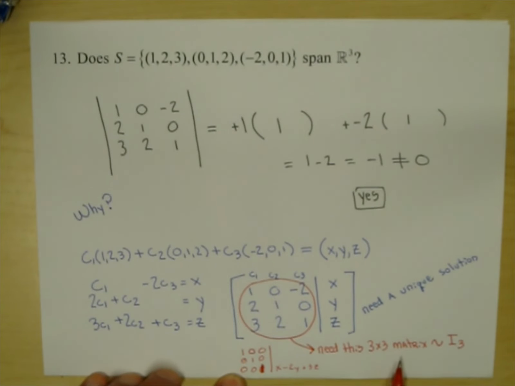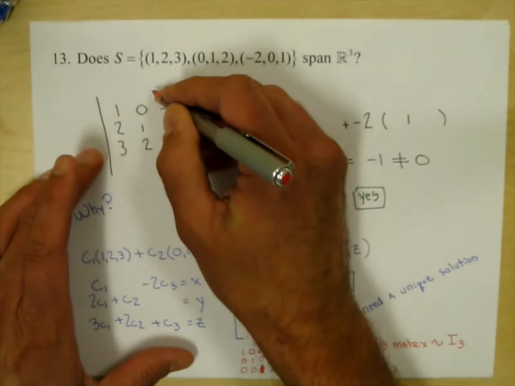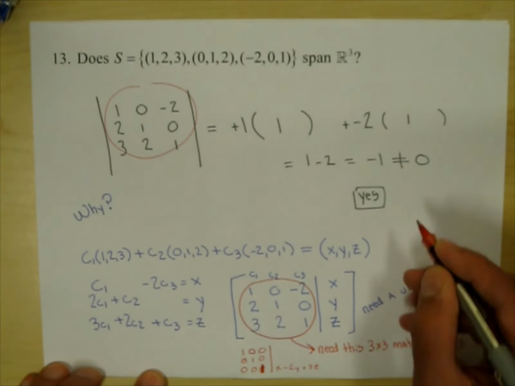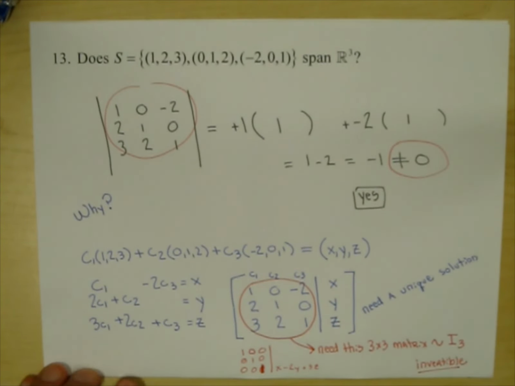So you need this 3 by 3 matrix to row reduce to I3, which means you would want this 3 by 3 matrix, this one right here, to be invertible. Invertible means the determinant is non-zero. And so that's why it works.